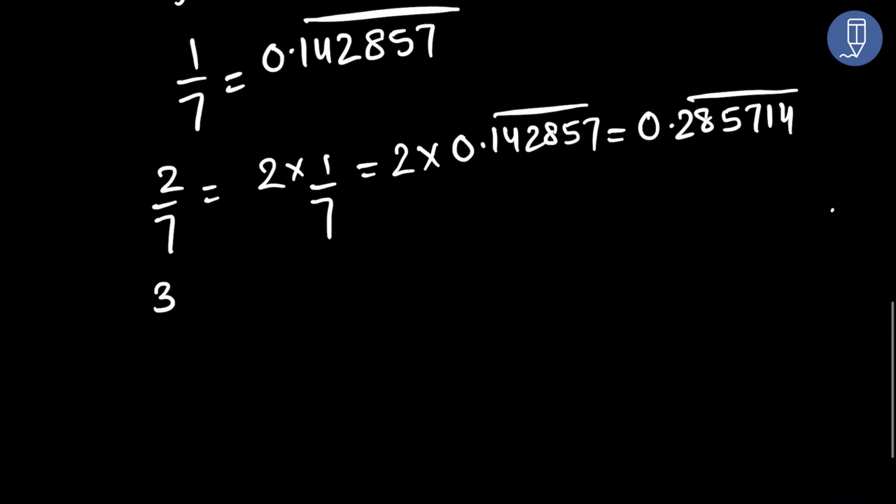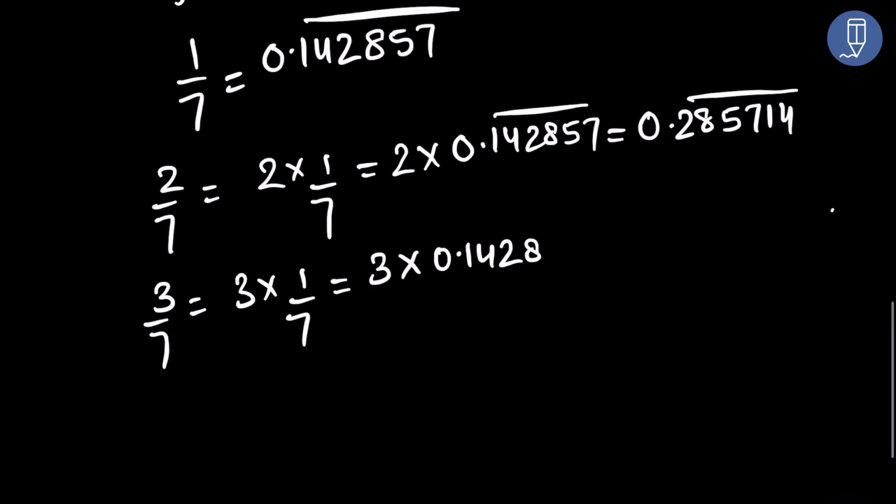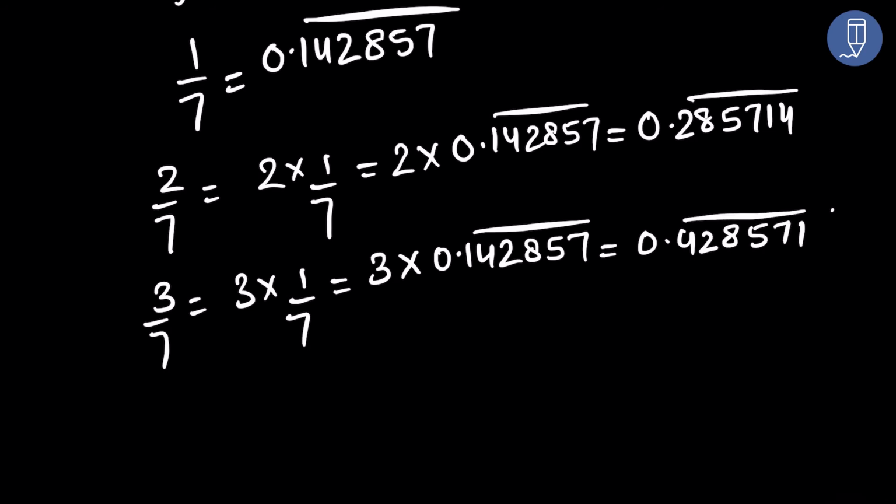3 by 7, same method. 3 into 1 by 7, this means 3 into 0.142857 bar. This means 0.428571 bar.